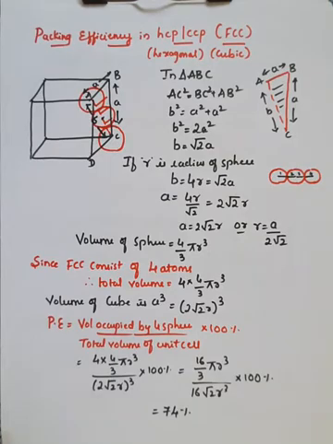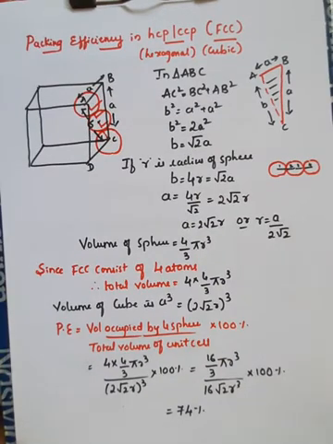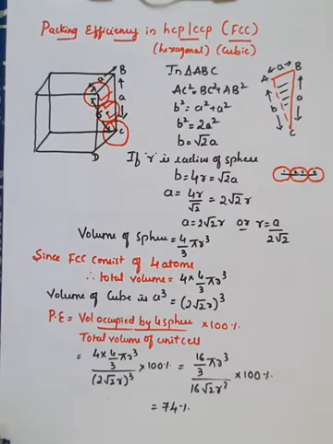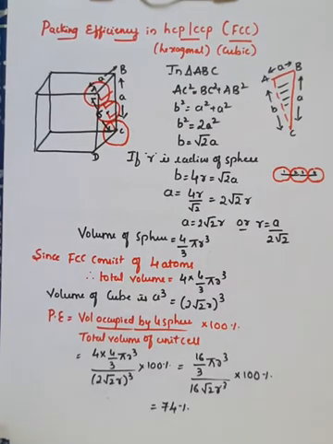As we have seen the packing efficiency in case of simple cube as well as in FCC, similarly we can also derive the packing efficiency in case of BCC. The next concept is packing efficiency in case of BCC. We'll go with the next simple derivation.